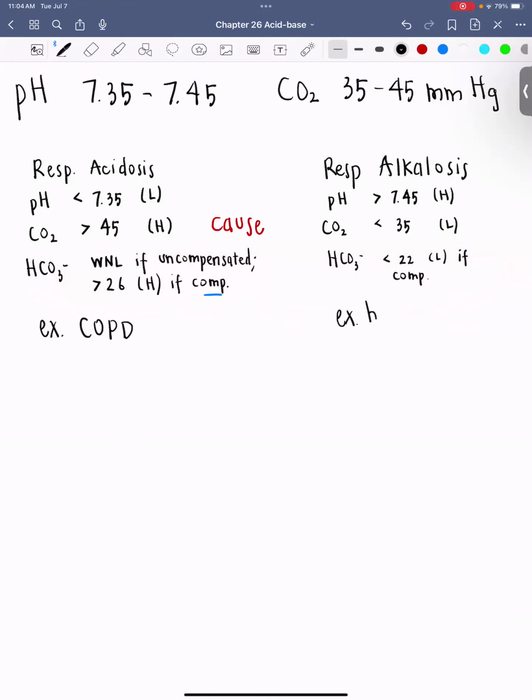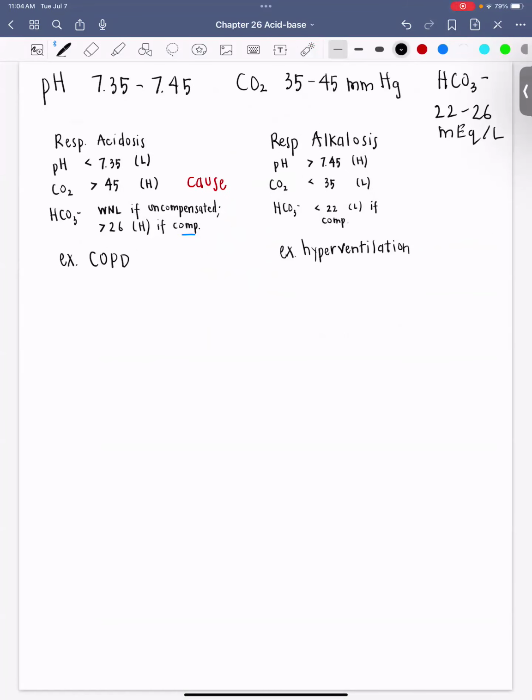On the other hand, respiratory alkalosis can be caused by anything that causes you to hyperventilate: anxiety, stress, fear. You're getting rid of CO2 at a rate faster than it's being produced. So this lowers the level of carbon dioxide.